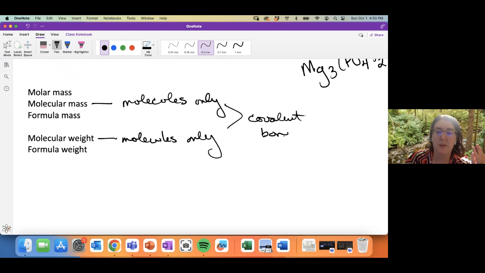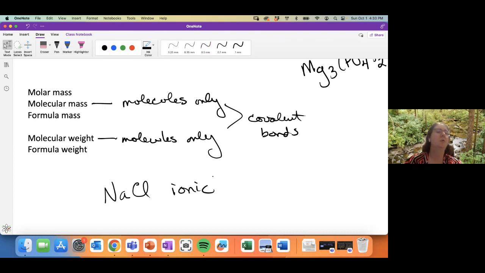So if we were really going to use this properly, I would never say molecular mass when I was talking about sodium chloride. Sodium chloride's ionic. It has no covalent bonds in it whatsoever. So if I want to talk about the mass of sodium chloride, and I don't just mean a pile of salt in my hand, then I need one of these other ones.